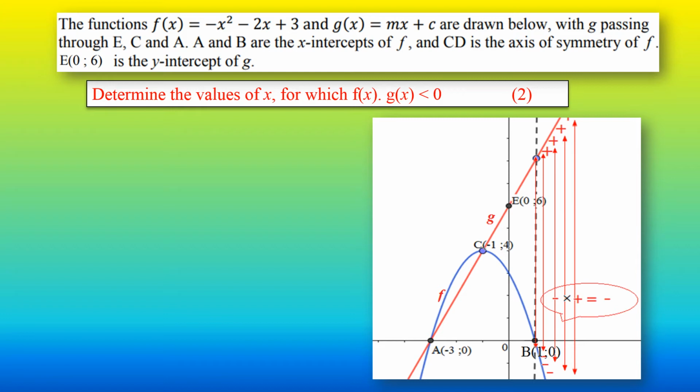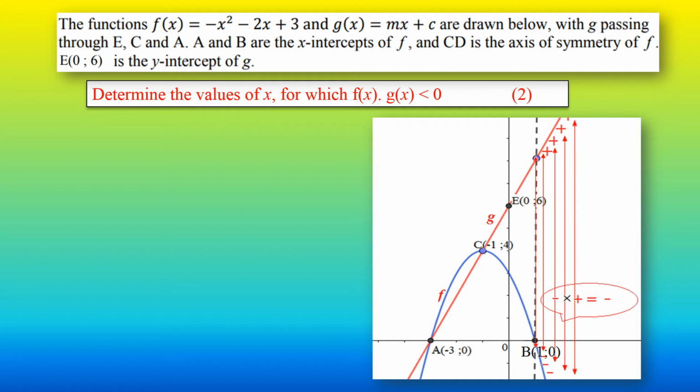Starting from B, you can see f is negative below the x-axis. And corresponding point upwards along g, we can see g is positive. So negative times positive will give us negative. So after the point B, we have f negative, and on the top we can see I have drawn the arrow lines to see that negative times positive gives the answer negative, less than 0.